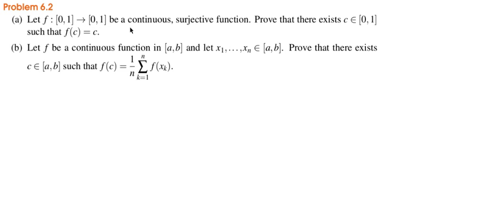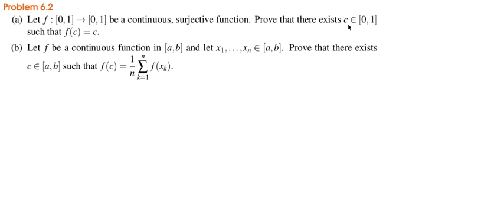And if f is continuous and surjective, that means that every value in this interval is covered by the mapping values. In particular, that means that it covers 0 and 1 and every value in between, right?